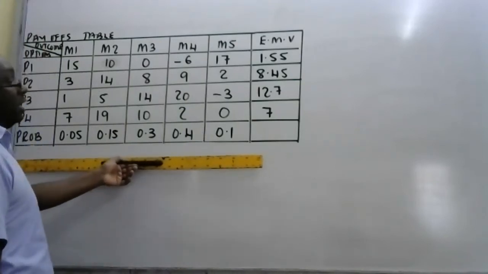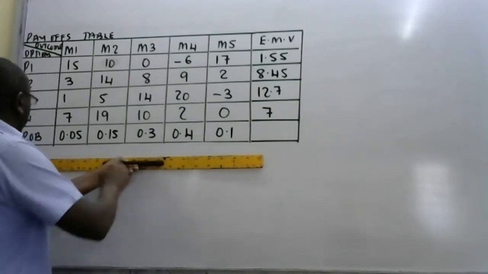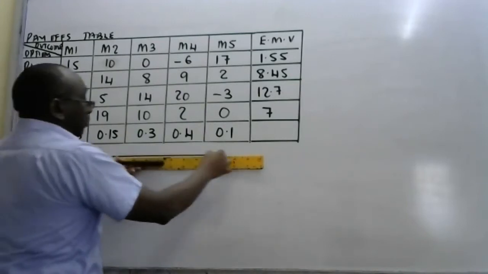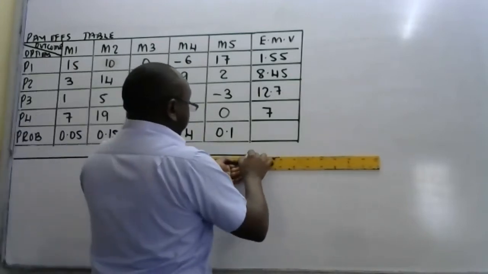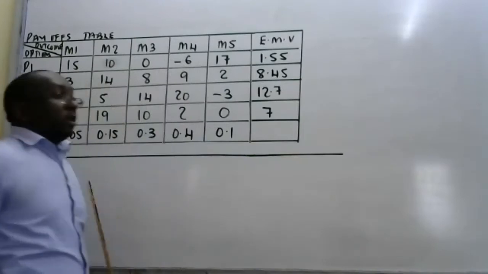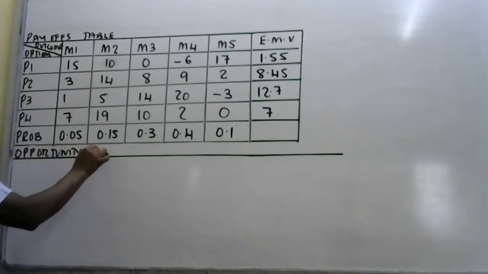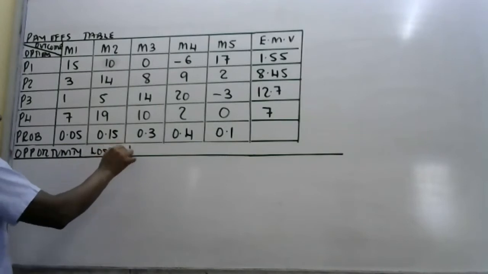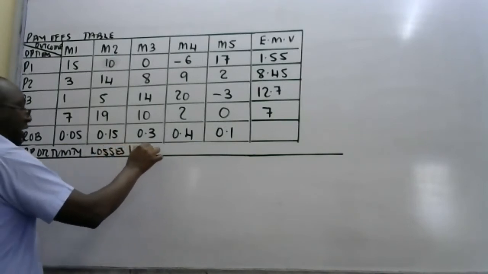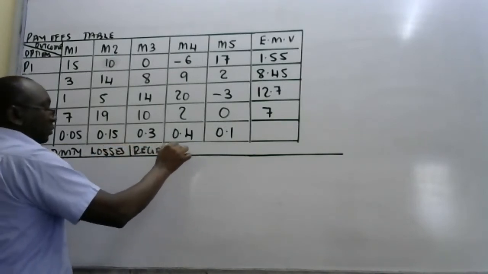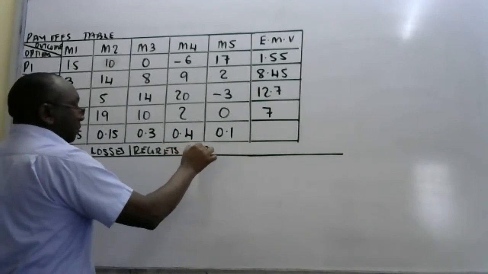So I'm going to create a table here. Before we go to those other rules, it requires we create a table called opportunity losses. Opportunity losses, they are also called regrets. Regrets table.